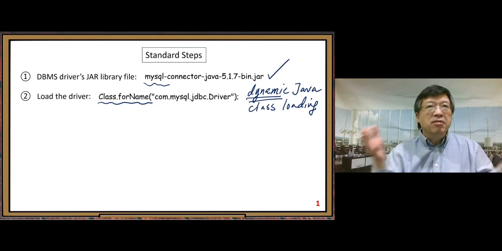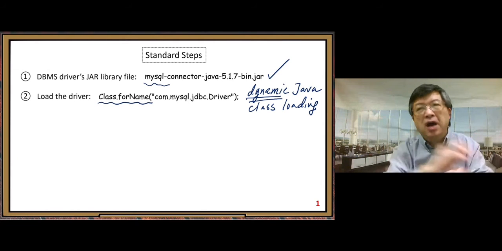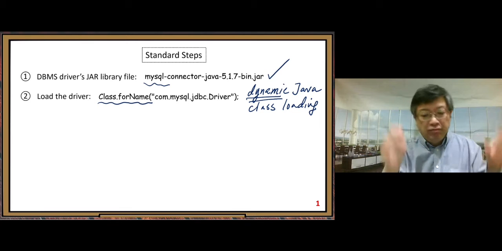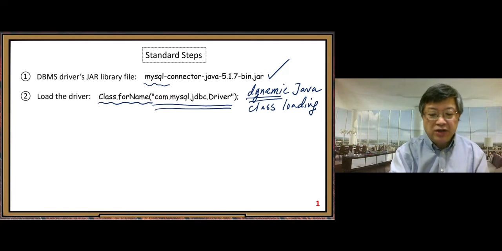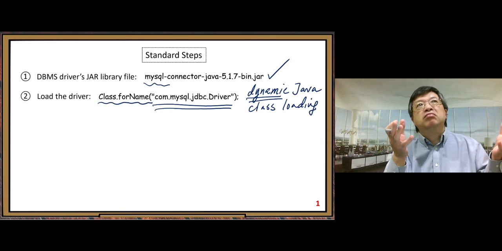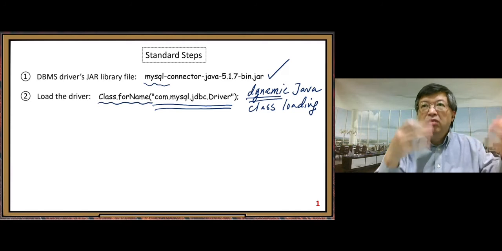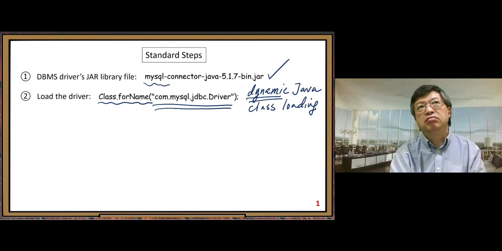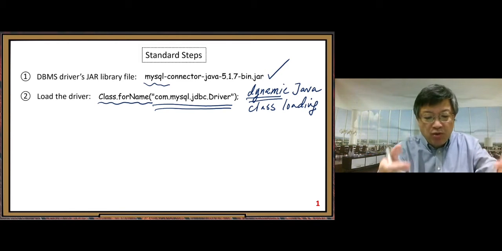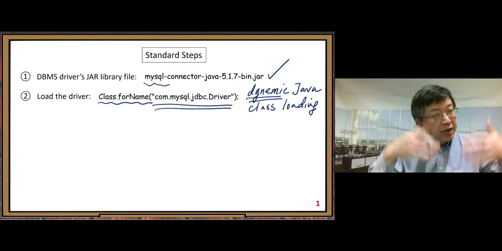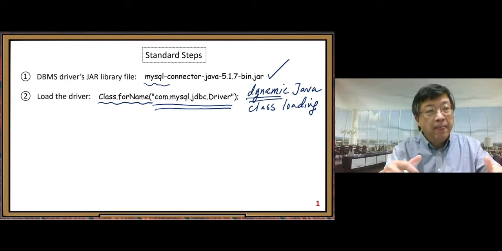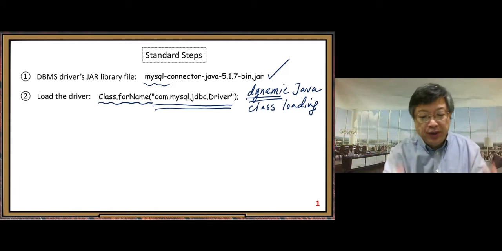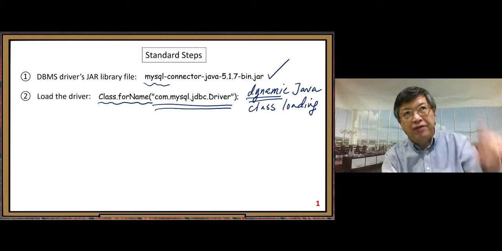Because at compile time, the driver's class is not arranged for your application. Only at runtime, when this program executes at this line, the JVM needs to go to your class path.